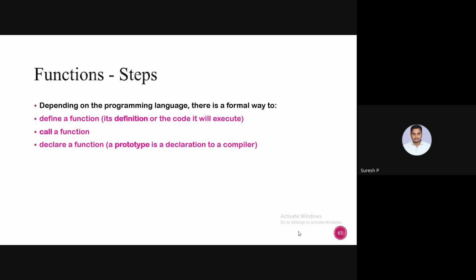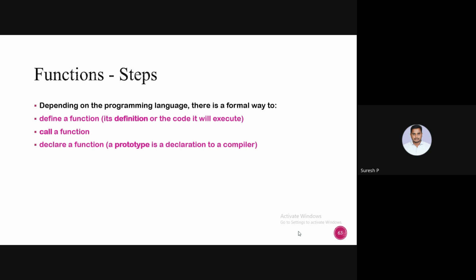So normally, whenever we have a function, we are supposed to follow different steps in order to create a function in programming languages. It also completely depends on the programming language. Certain things we are supposed to create. One is function definition.